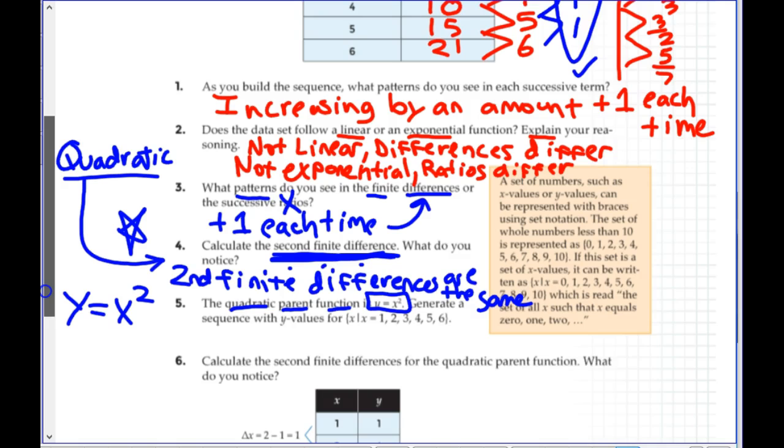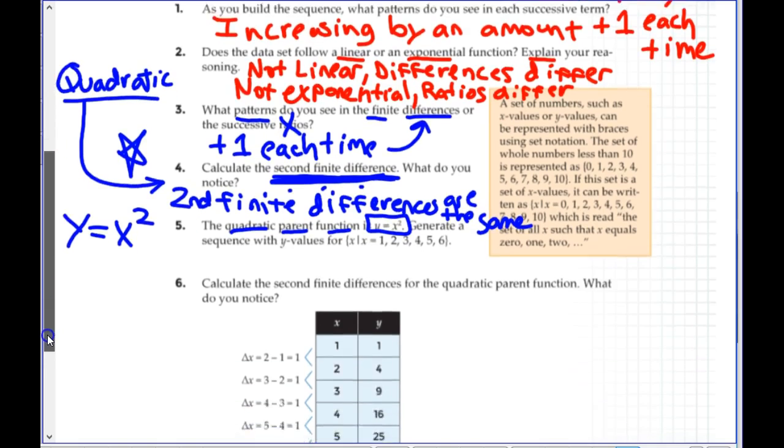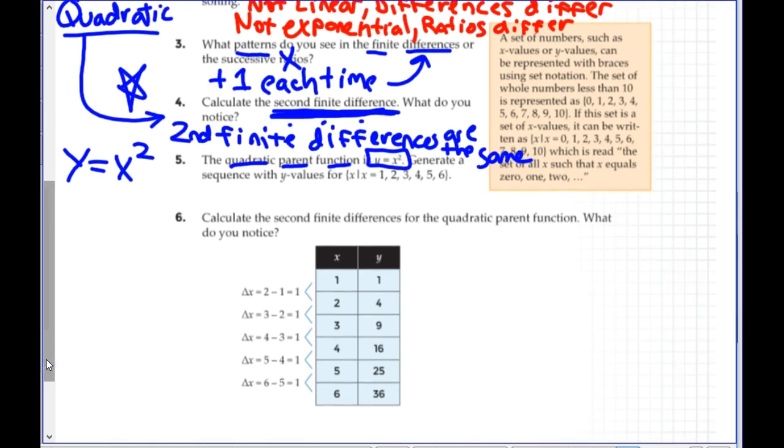Okay, now it wants us to generate a sequence with the y values when x is 1, 2, 3, 4, 5, 6. Well, we got a little help below. There's a table here that tells us all the y values. So just for this one, we're looking right here to help us up here.